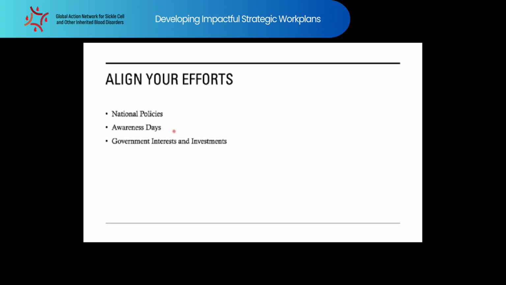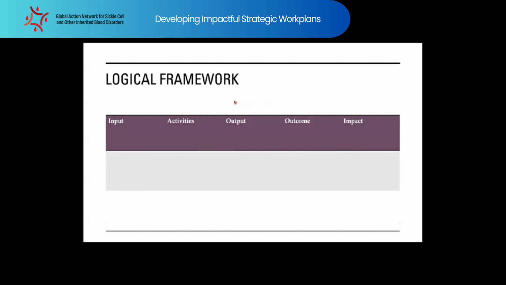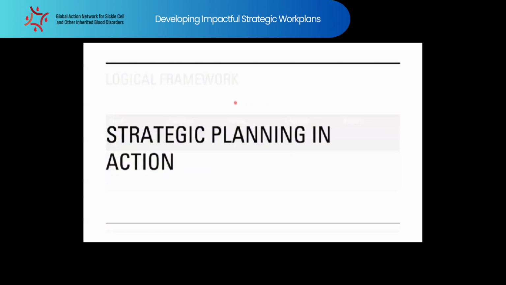Make sure you're thinking about awareness days, again, World Health Day, World Sickle Cell Day, Inherited Blood Disease Order Day, Human Rights Day. All of these really help further your message. And as we get closer to those, organizations want to know, oh, what are we doing for this? Oh, we're supporting XYZ.